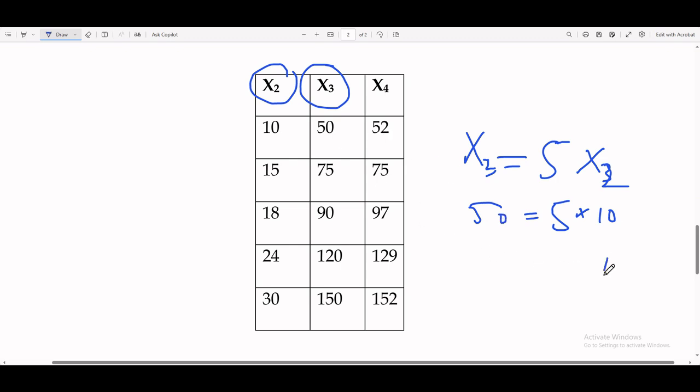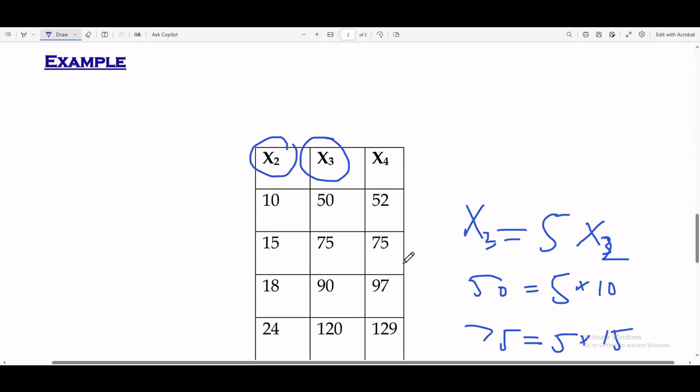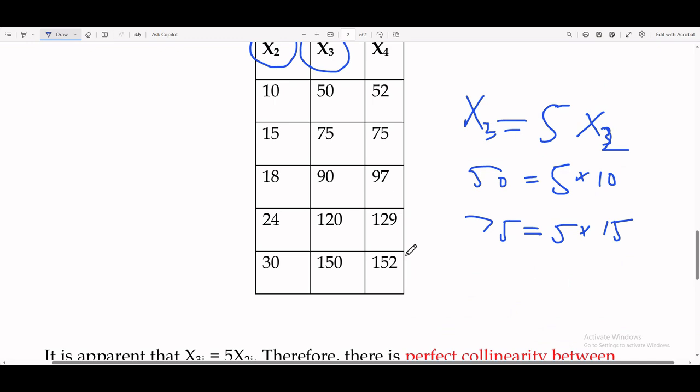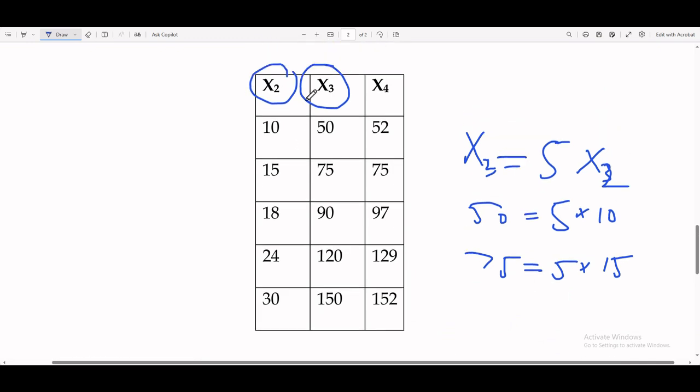Similarly, 15 multiplied by 5, the answer is 75. So we identify whether there is any relationship between x2 and x3. These two are independent variables in a regression model.